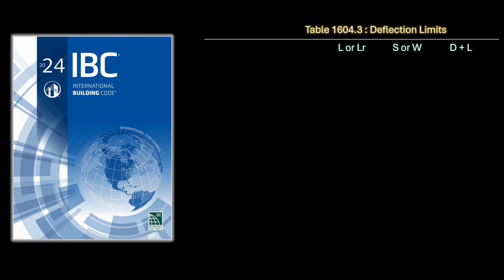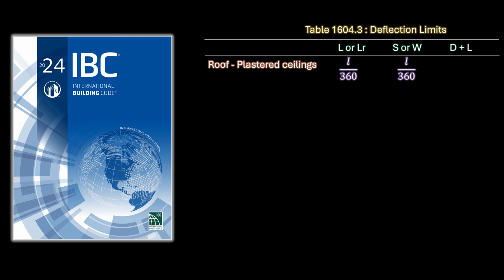According to Table 1604.3, roof members supporting plaster ceilings have a deflection limit of L over 360 under live loads, snow loads, or wind loads. This strict limit is intended to prevent plaster from cracking due to deflection. The same roof members supporting plaster ceilings have a deflection limit of L over 240 when considering long-term dead plus live load combinations.